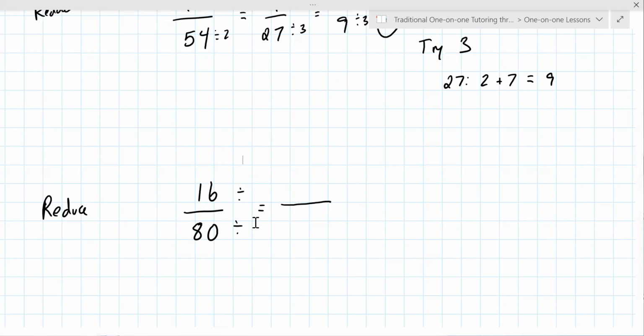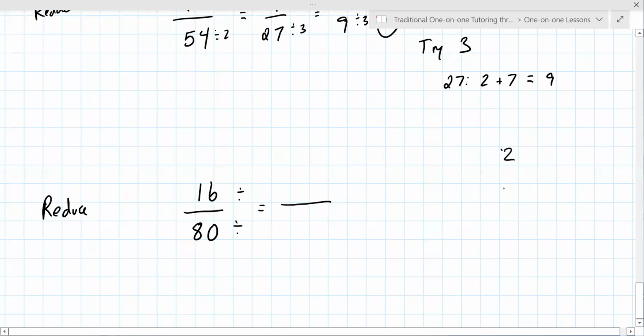Instead of just going by 2, 3, 5, I was trying to figure out which number they would both go into, because I was still on the changing the denominator thing.